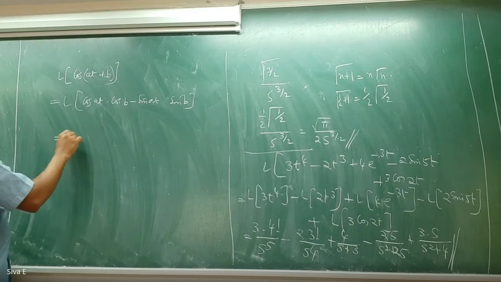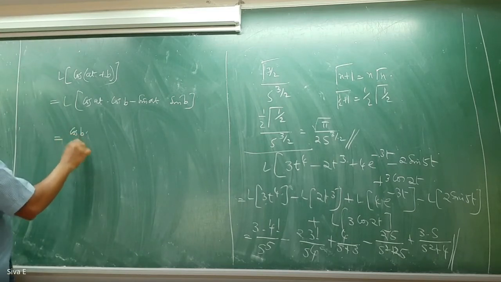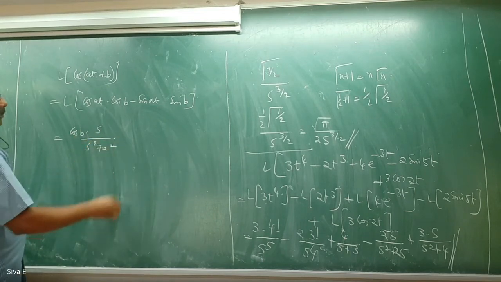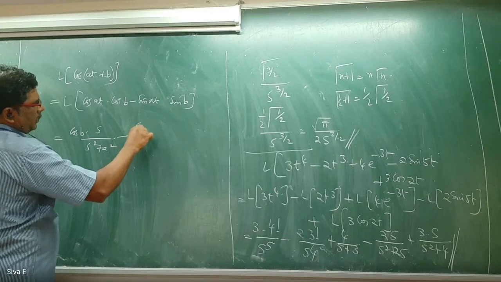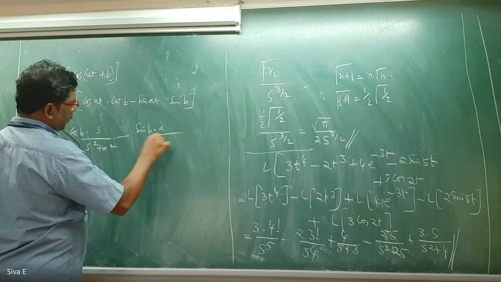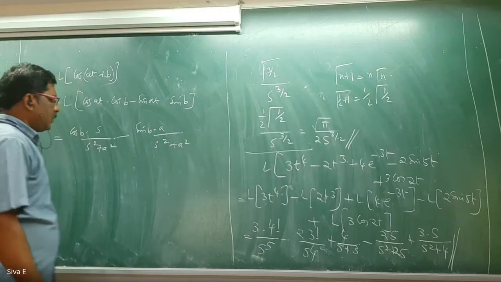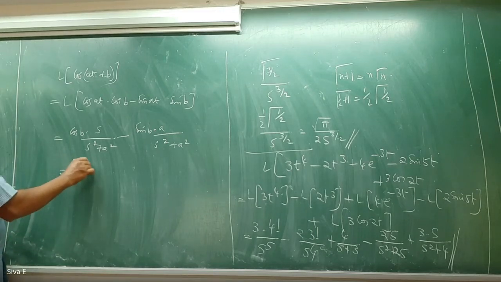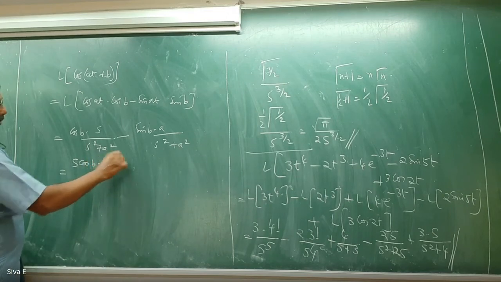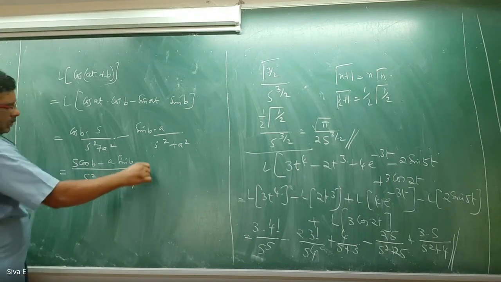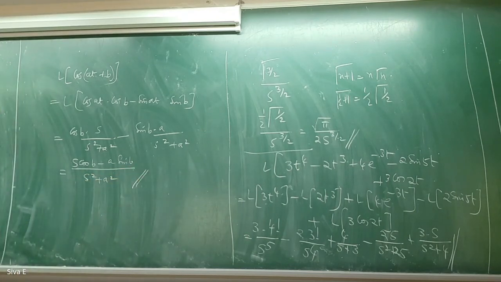That is equal to cos b into s by s square plus a square minus sin b into a by s square plus a square. That is s cos b minus a sin b by s square plus a square.